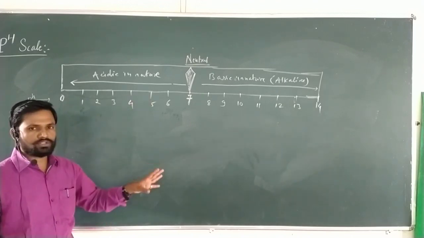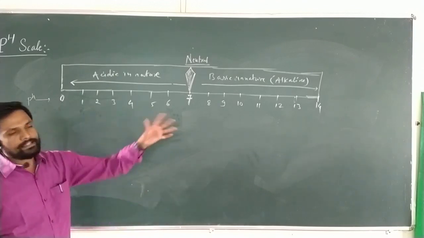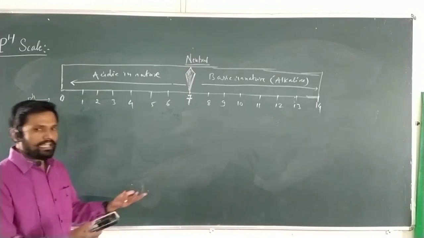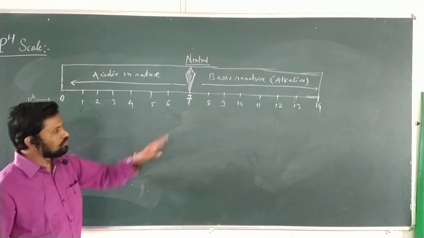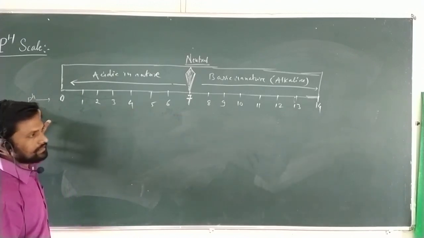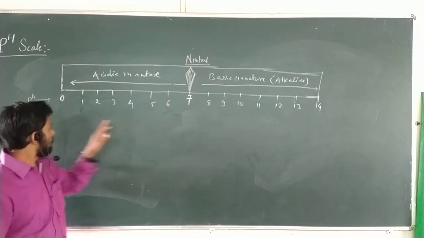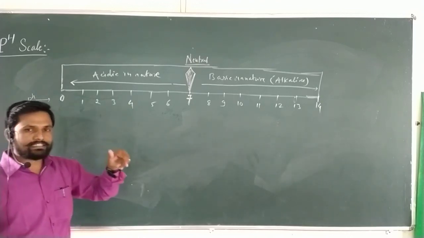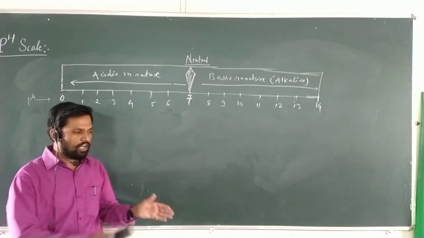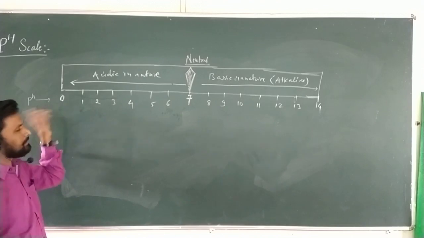If a substance produces hydroxyl ions in the solution, it is basic in nature. But how acidic and how basic is measured by the pH scale. What is pH? pH indicates the hydrogen ion concentration, meaning how much H plus ion concentration is present in the solution is measured by the pH.